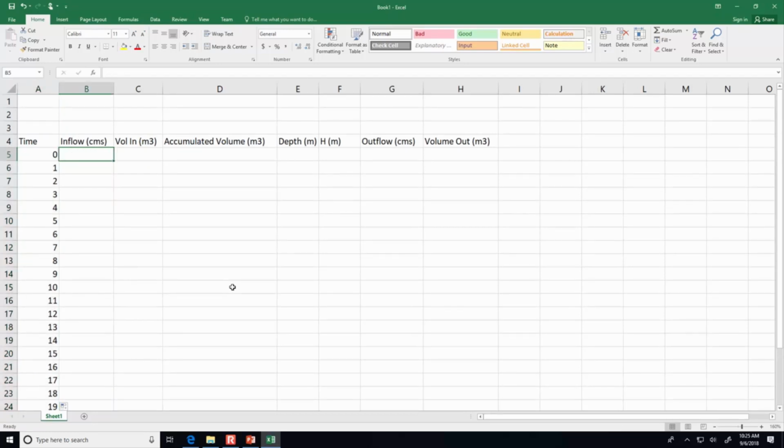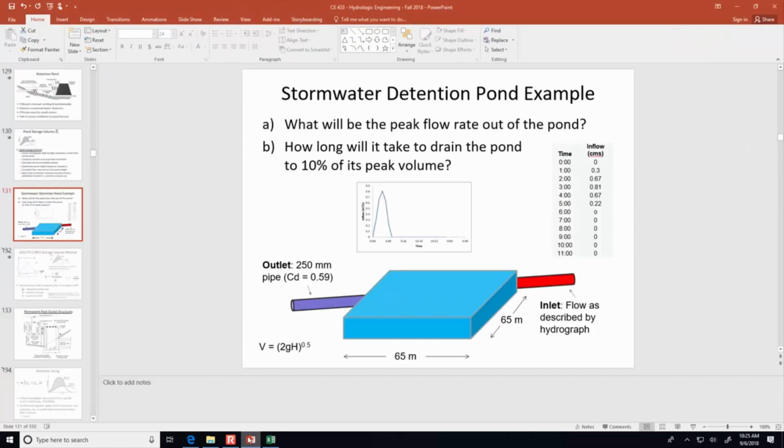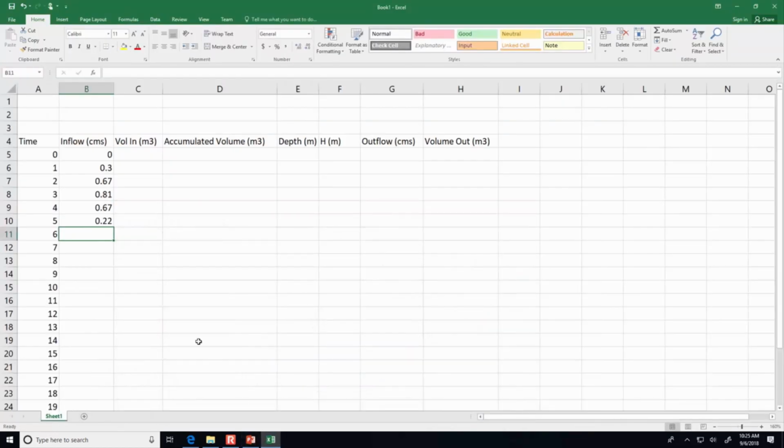Our hydrograph that we were given is that at time 0, the flow in is 0, but then we've got 0.3 cubic meters per second, then it goes to 0.67, then 0.81, 0.67, and 0.22. Let's just make sure, does that match the given data? Yeah. All right.